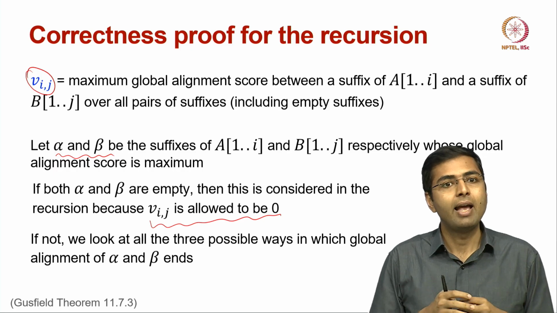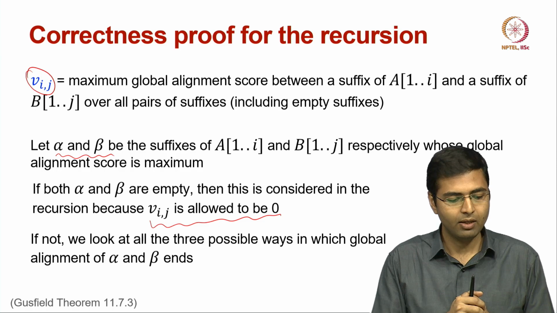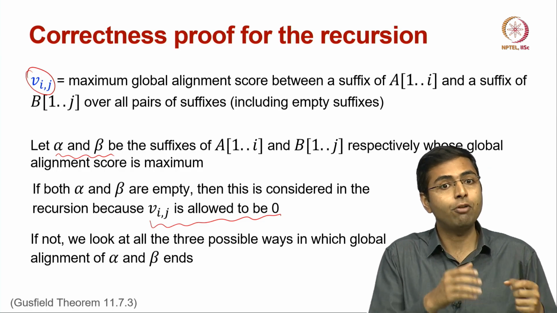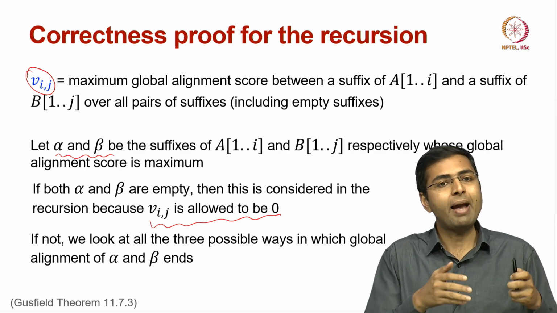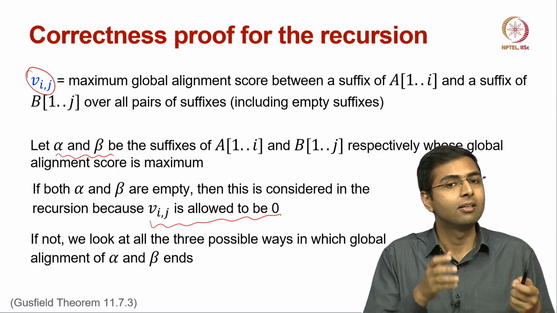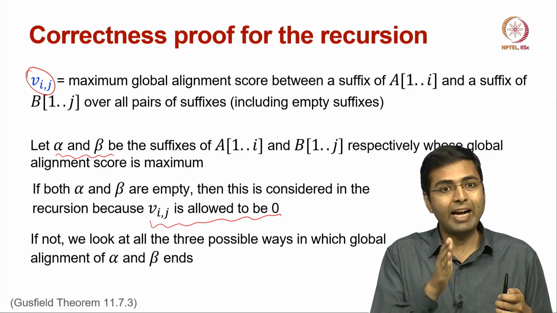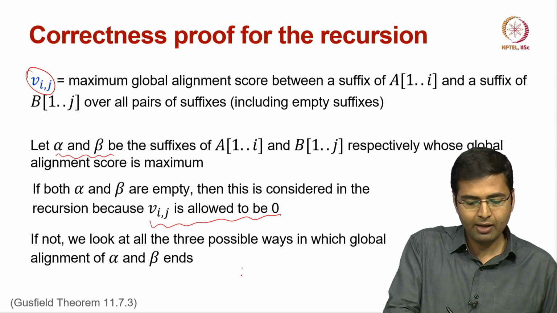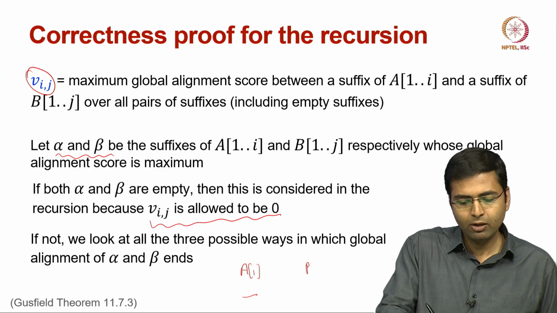Now, if alpha and beta are non-empty strings, then we have to look at all possible ways in which the alignment of alpha and beta ends. Going back to our previous arguments, the alignment can end in only 3 possible ways: a match or mismatch, alignment of Ai to a dash character, or alignment of Bj to a dash character.